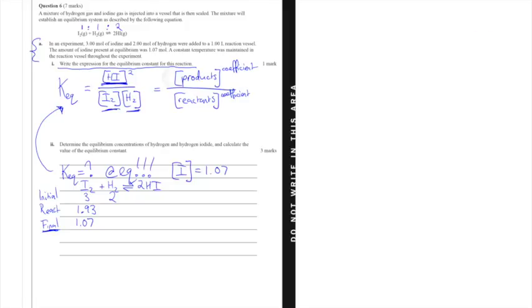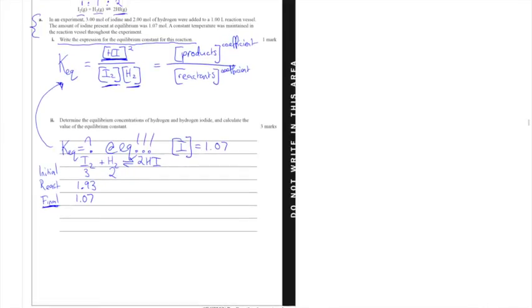And that means that for every 1 mole of iodine that reacts, there's 1 mole of hydrogen that reacts, or more specifically 1 mole of H2 gas. And there's also going to be 2 moles of the hydrogen iodide gas produced. So let's just use that. So there's a 1-to-1 relationship between the I2 and the H2. So that means really simply, guys, that you write 1.93 here as well.